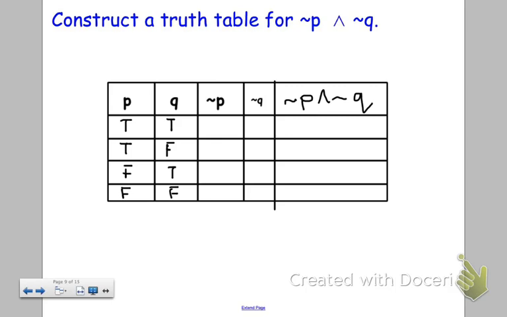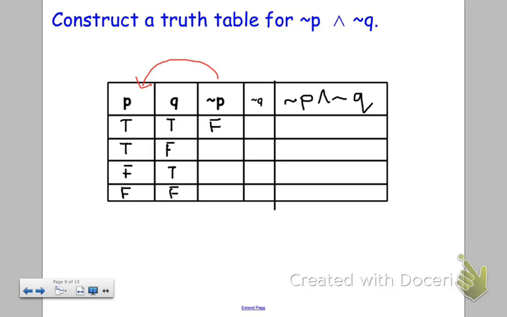Now, the third column in my table is not P. When I'm trying to find not P, I need to go back and reference my P column. The first row of P was true, so not P will be false.